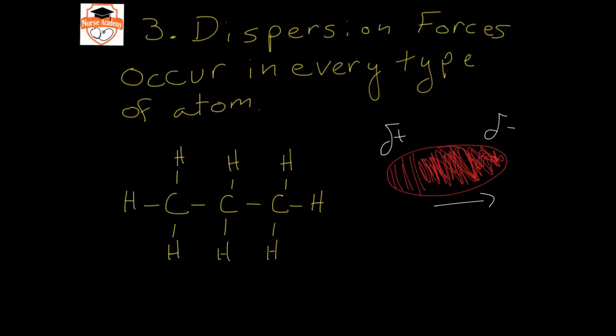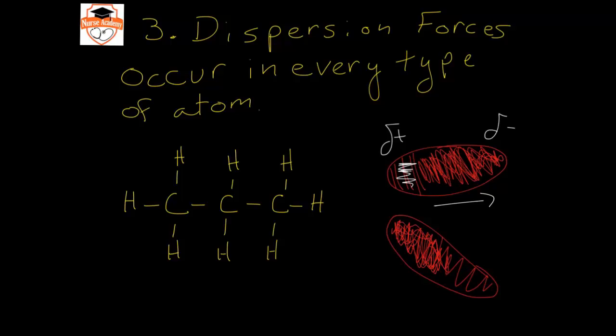Now, what happens is when the next door molecule comes by, it was evenly distributed, but then suddenly it sees this positive charge, and the electrons will move towards that positive charge because they're attracted to it. They'll leave kind of a hole on this other side. And then what we've done is we've created a partial negative charge on this side and a partial positive charge on this side. When the next door molecule sees it, its electrons, which were evenly distributed, notice the negative charge over here.